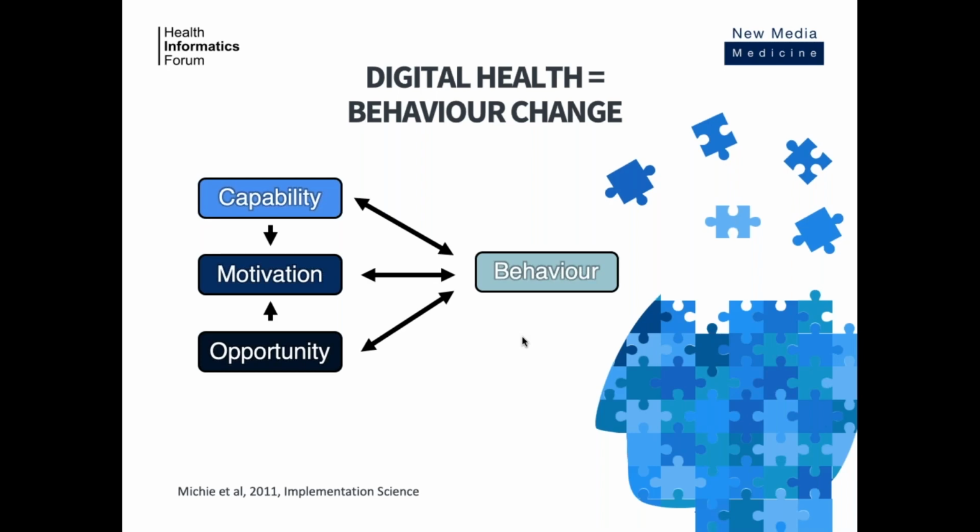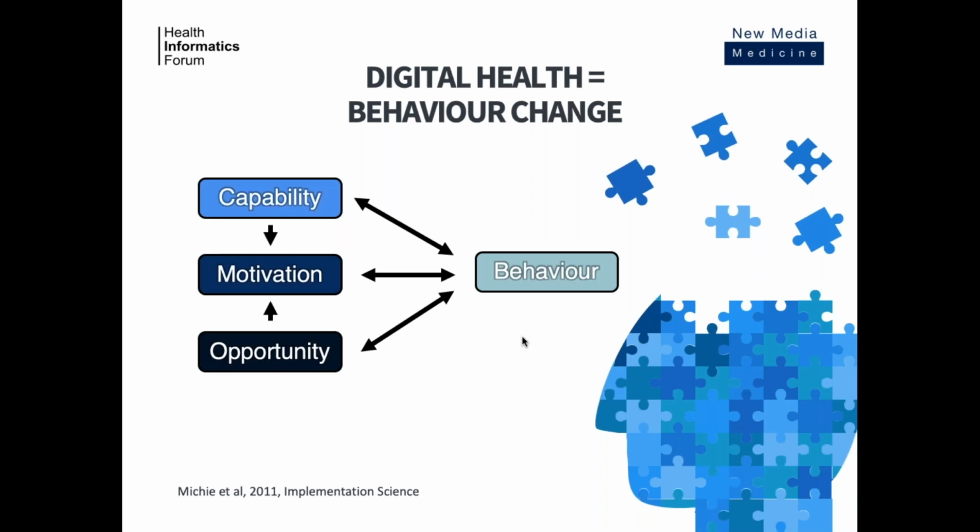So it might be something like stopping smoking or losing weight or adopting a new tool. I think you can think of digital health apps and healthcare, electronic health record systems, things like that, as behaviour change interventions, because you want to get clinicians doing something new or patients using an app to help them with their healthcare.